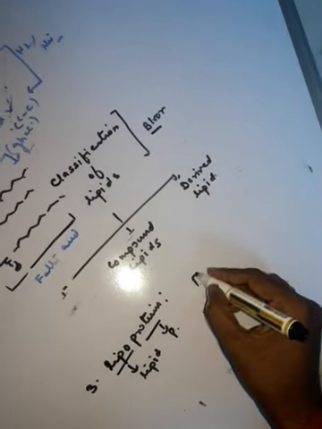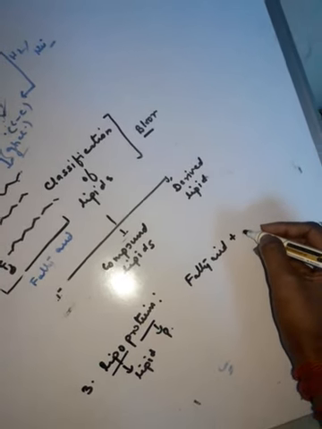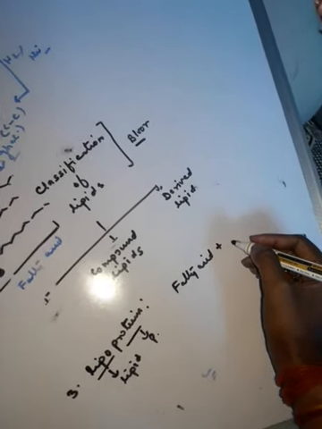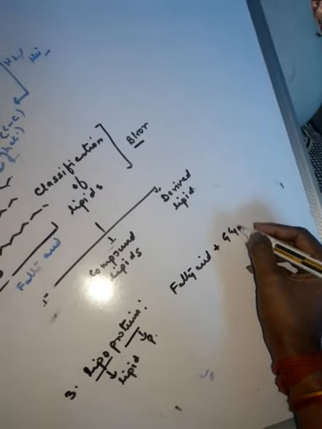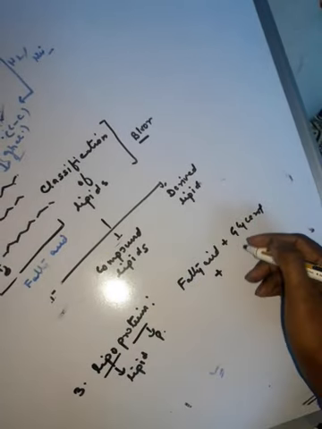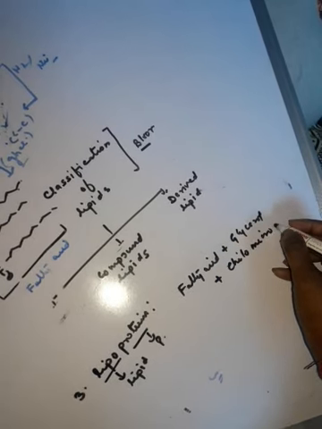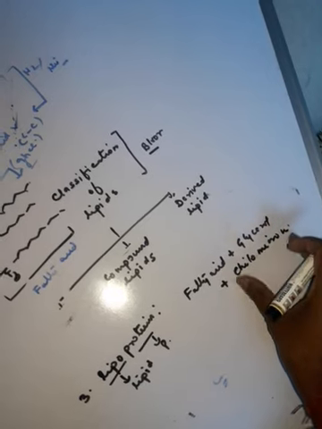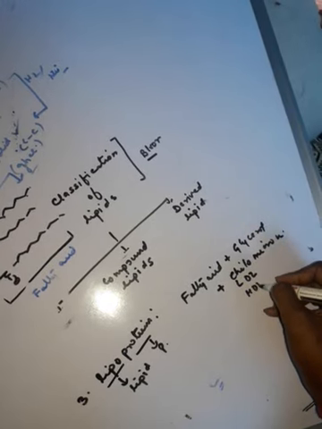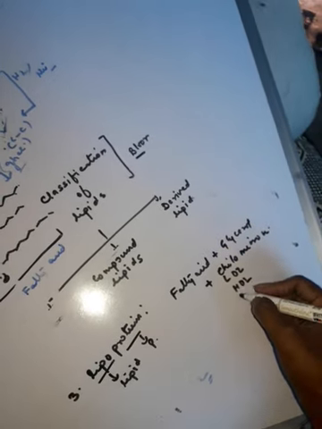So lipid is made up of fatty acid plus glycerol, and the other moiety may be protein. It may be chylomicron, which is of proteinaceous nature, and it may be LDL, low density lipoprotein, or high density lipoprotein. And it may be fatty acid plus albumin.